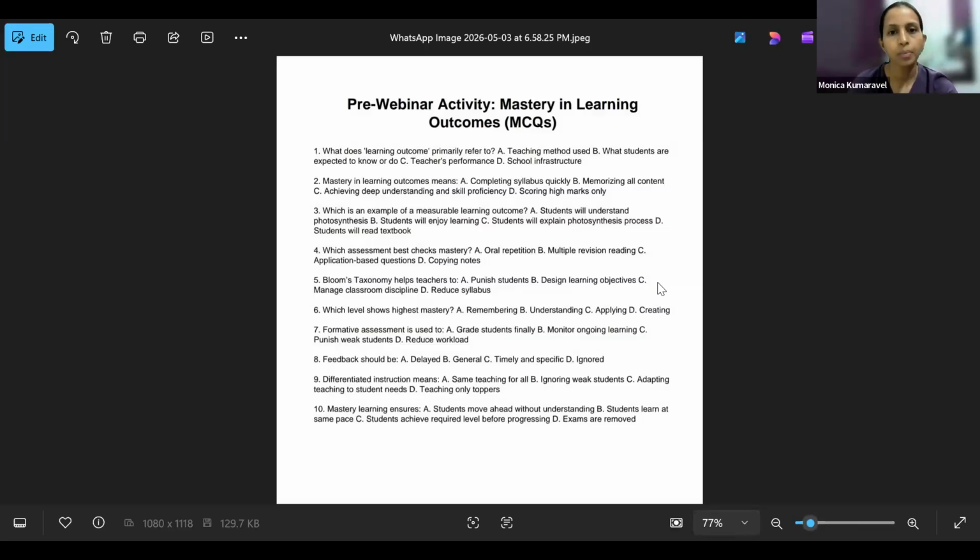Formative assessment is used to grade the students finally, monitor the ongoing learning, punish the weak students, or reduce the workload. When do we give formative assessment? B, during the learning process. So it is to monitor the ongoing learning process. Good.